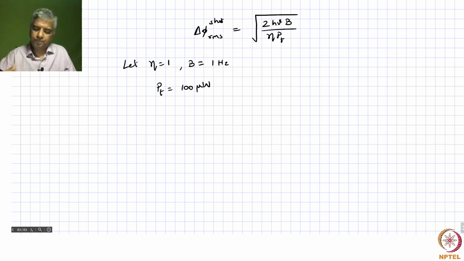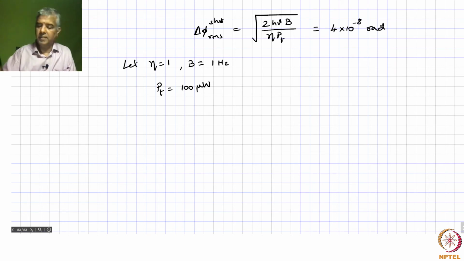That's why we choose a nominal value of 100 microwatt, and if you plug all this in, you get delta phi shot RMS in the order of 4 times 10 power minus 8 radians. And of course it also tells you that it is proportional to root of the bandwidth.